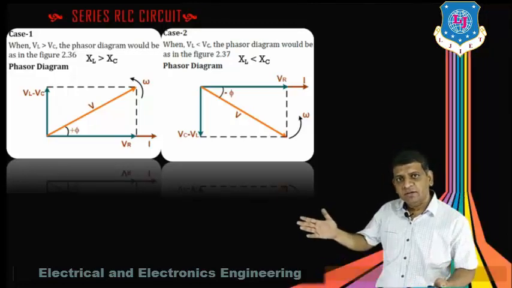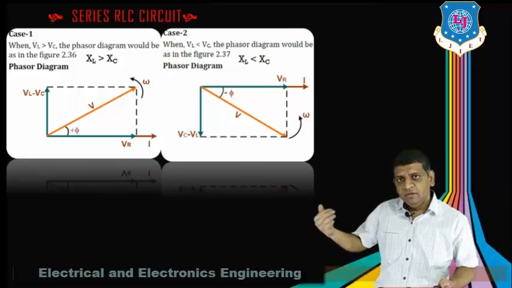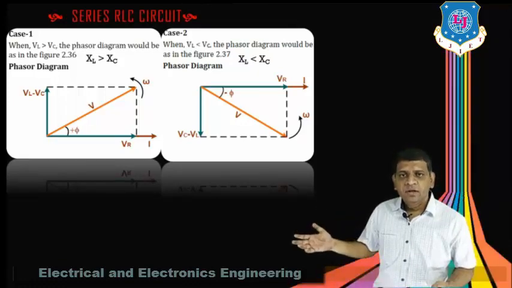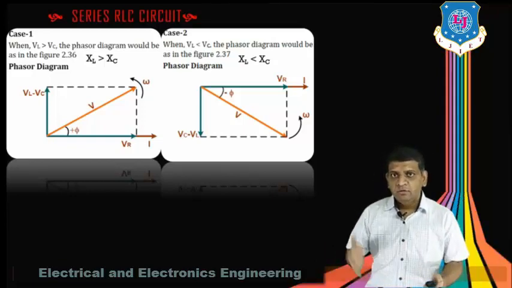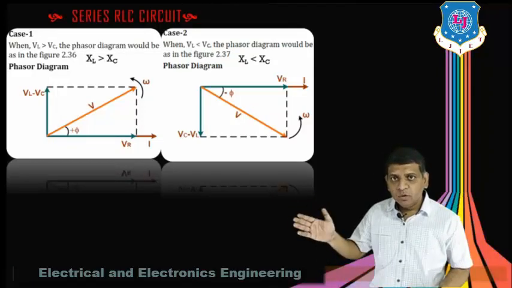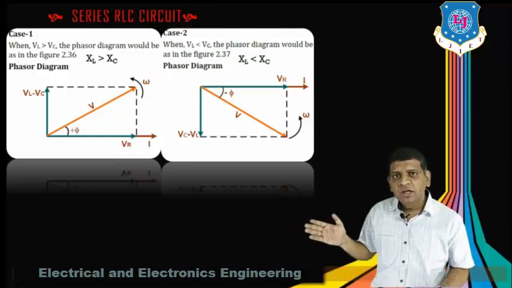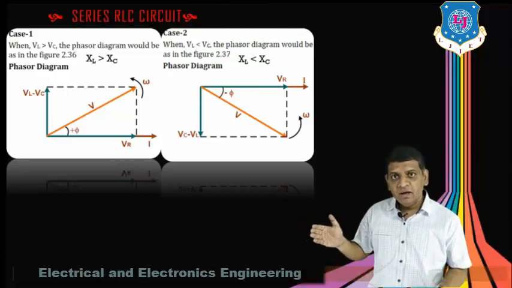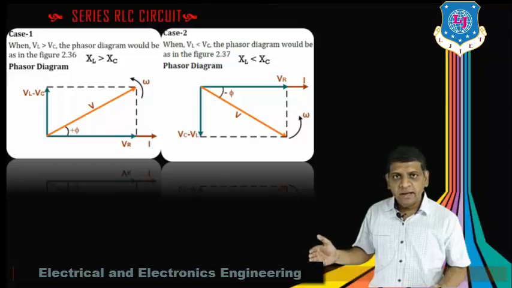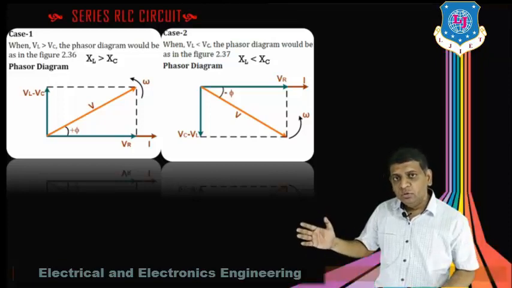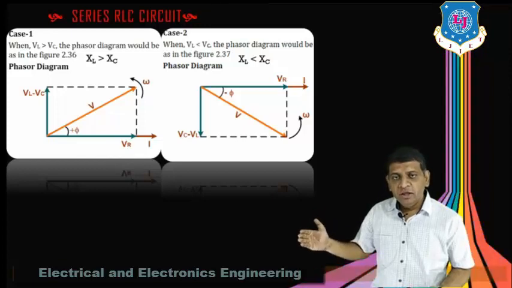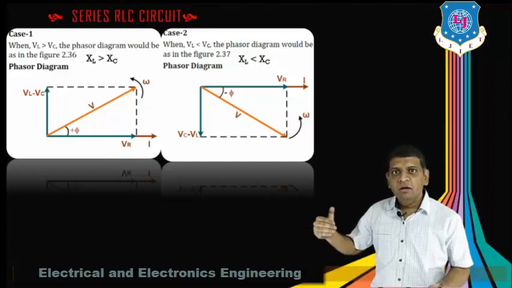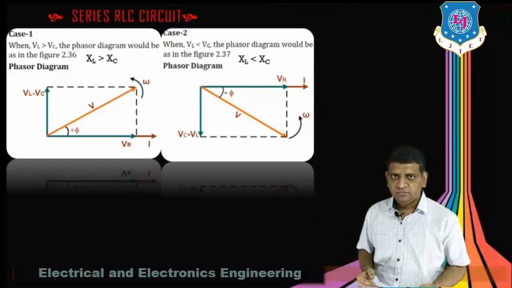So from this you can find the resultant vector V, and from these two phasor diagrams you can conclude that for case number 1, the resultant voltage V is leading by angle phi, which is a resultant angle, and in case number 2 you can see the resultant voltage V is lagging by angle phi with respect to current, right?